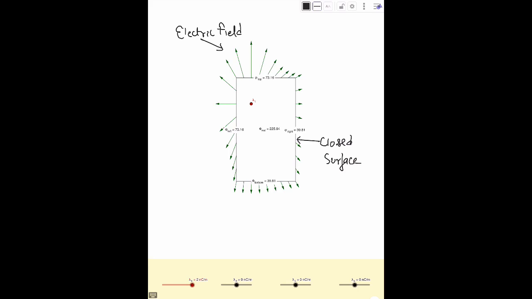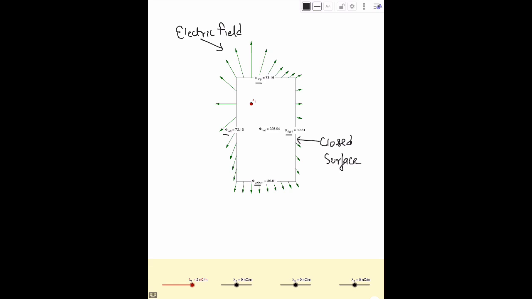Essentially you have the top surface, the left surface, the right surface, and the bottom surface.